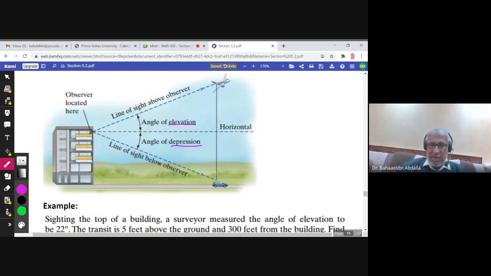So the angle between the horizontal line and the airplane is called the angle of elevation. But if you are the observer looking down, then the angle between the horizontal and the car would be the angle of depression. So you need to understand the meaning of elevation and depression because they will come in the questions.